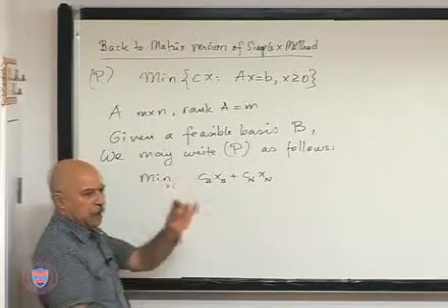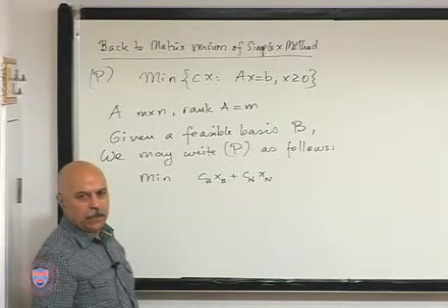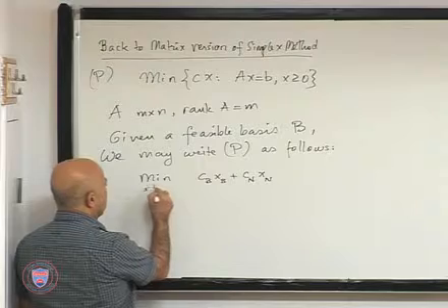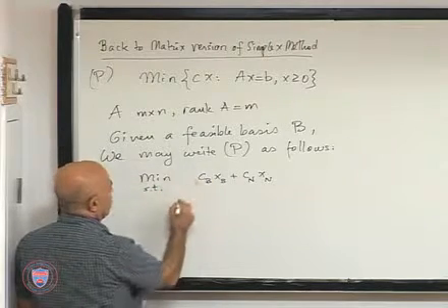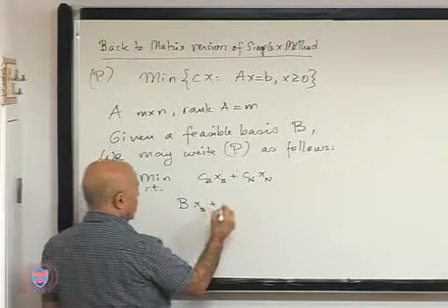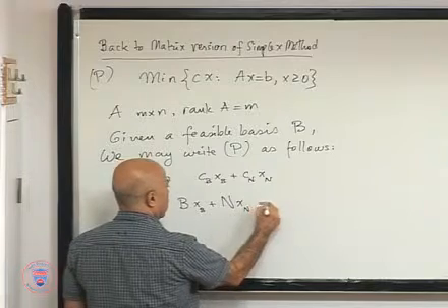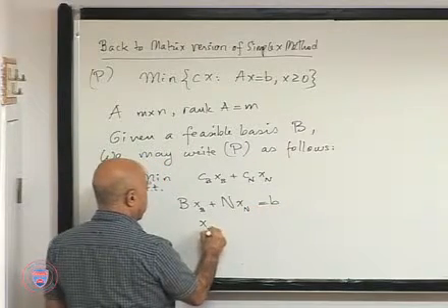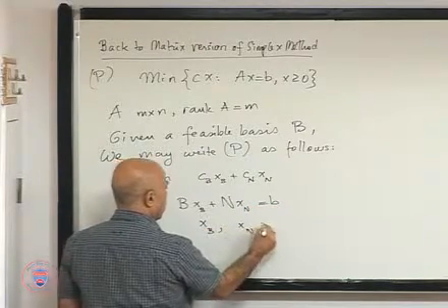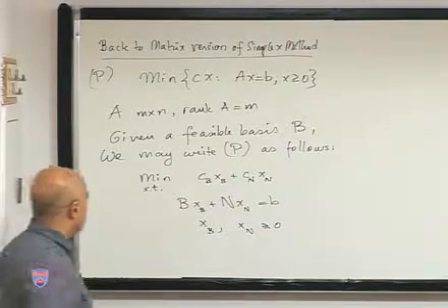XB and XN are the column vectors capturing the basic and non-basic variables. Subject to AX equals b, which partitions into BXB plus NXN equals b, with, of course, all variables restricted to non-negative values.